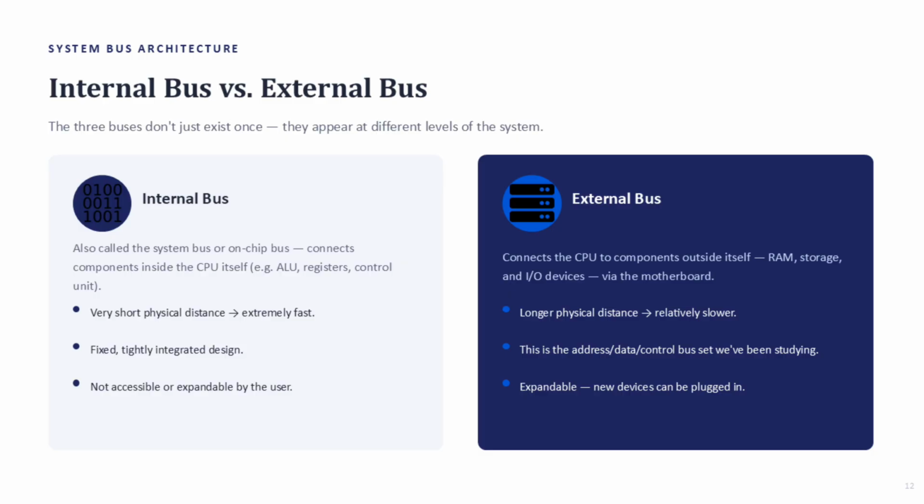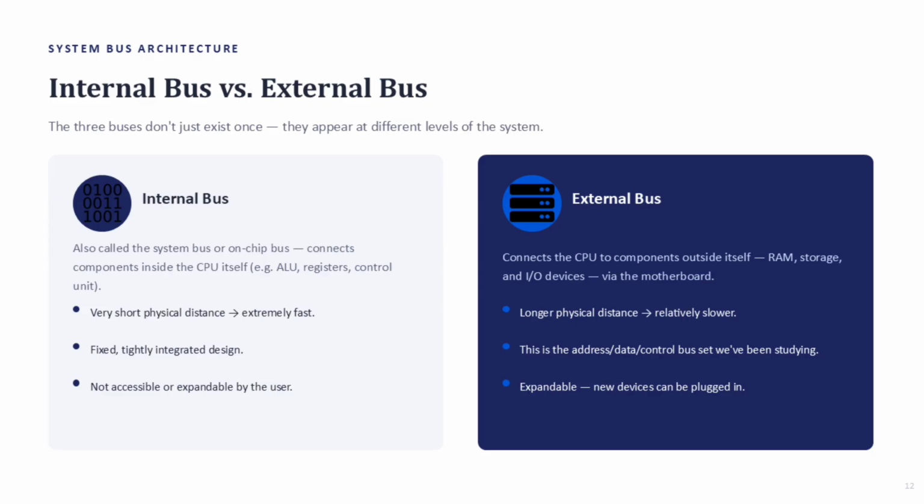Up to this point, we have used the term bus quite generally. However, there is an important distinction that every computer science student should understand. Not all buses exist in the same part of the computer. Some buses are inside the CPU, while others connect the CPU to components outside it.